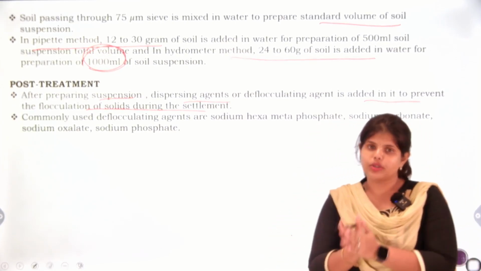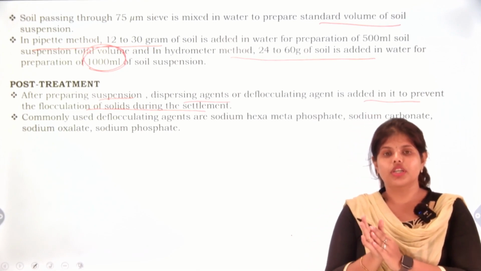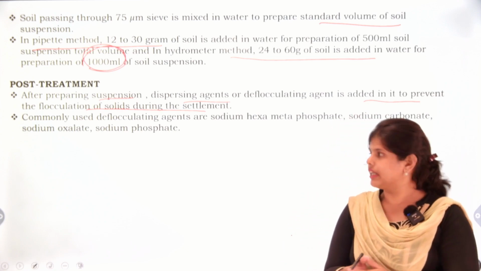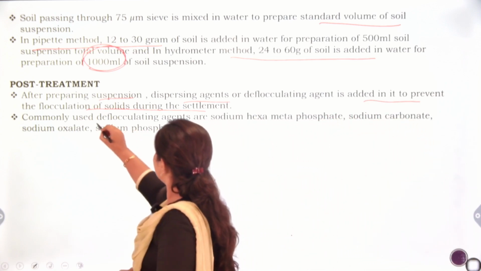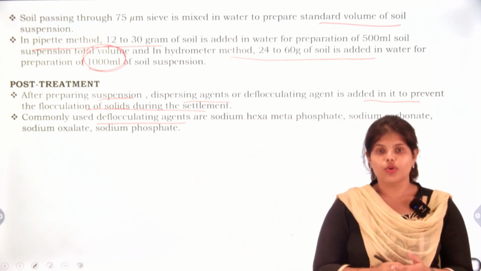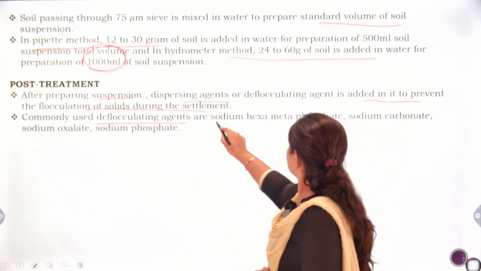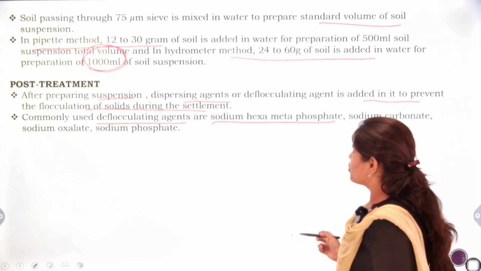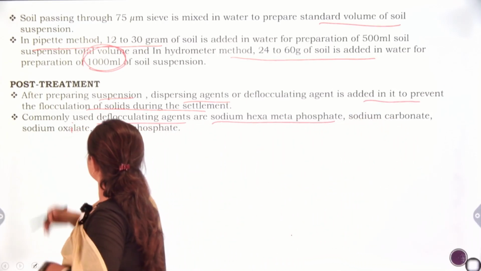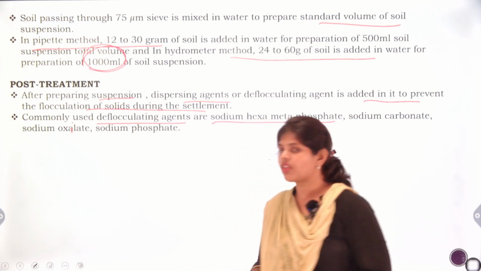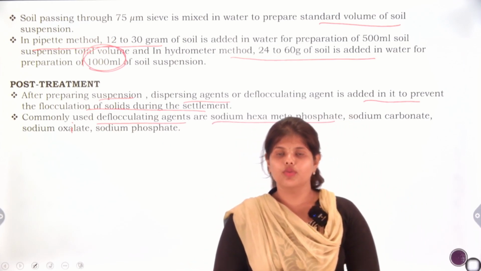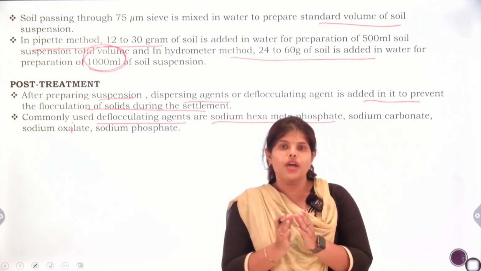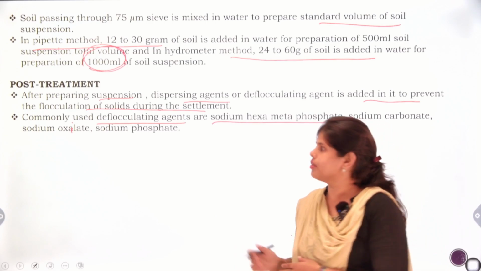The commonly used deflocculating agents are sodium hexametaphosphate, which is the best one, sodium carbonate, sodium oxalate and sodium phosphate. These stop the aggregation between the particles.